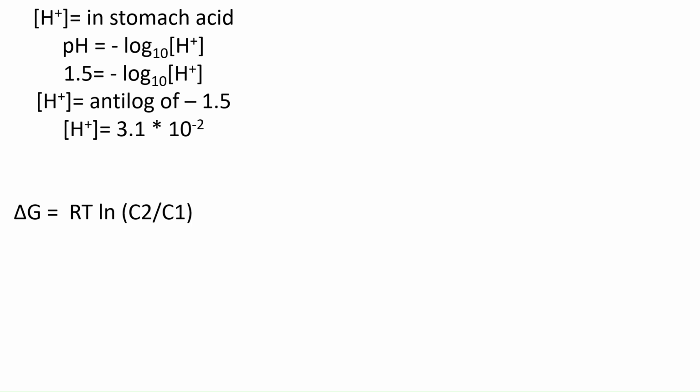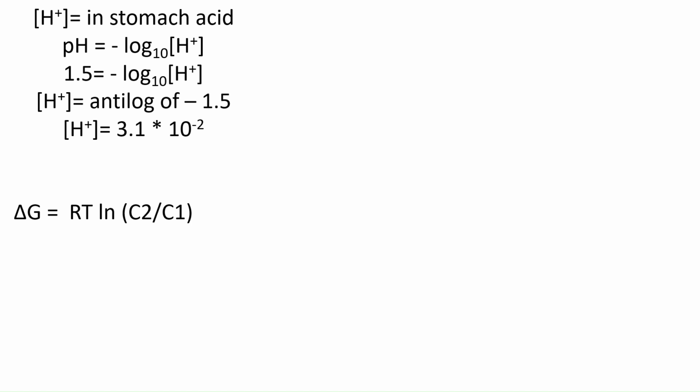Now ln is the natural log and C2 and C1 are the hydrogen ion concentrations of gastric juice and plasma respectively. So this means that first we'll need the hydrogen ion concentrations of gastric juice as well as the blood plasma. So we'll just get both of them from the equation of pH. For gastric juice, the concentration of H plus ions will be 3.1 into 10 raised to minus 2 molar.